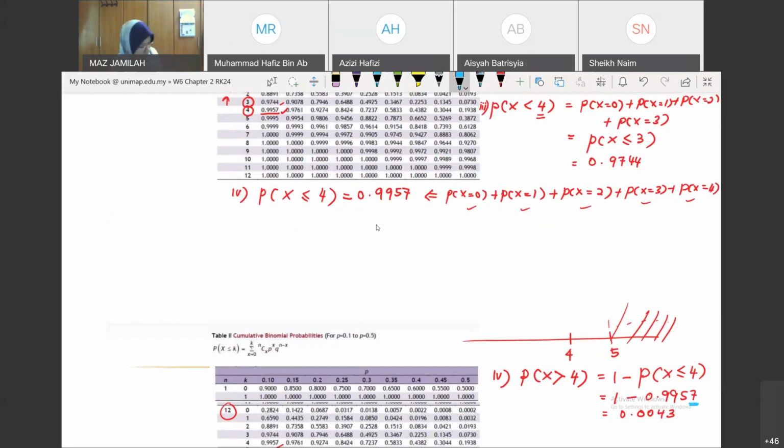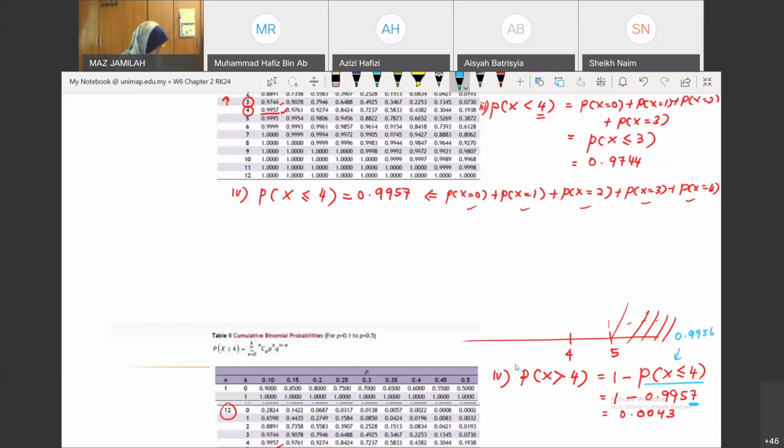Yes. Now, in the Excel, let me clarify one by one first. In your textbook, the calculation for P(X ≤ 4) is given as 0.9956. But in my table, is the table inside your textbook the same as mine or not?